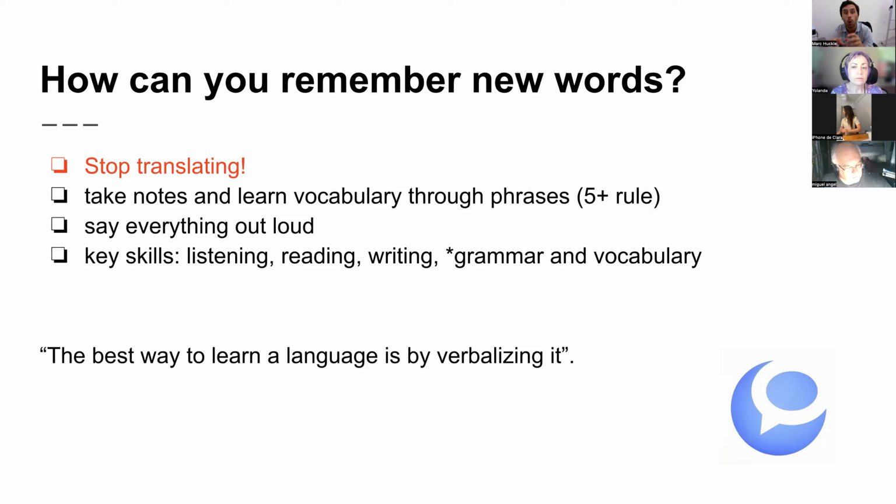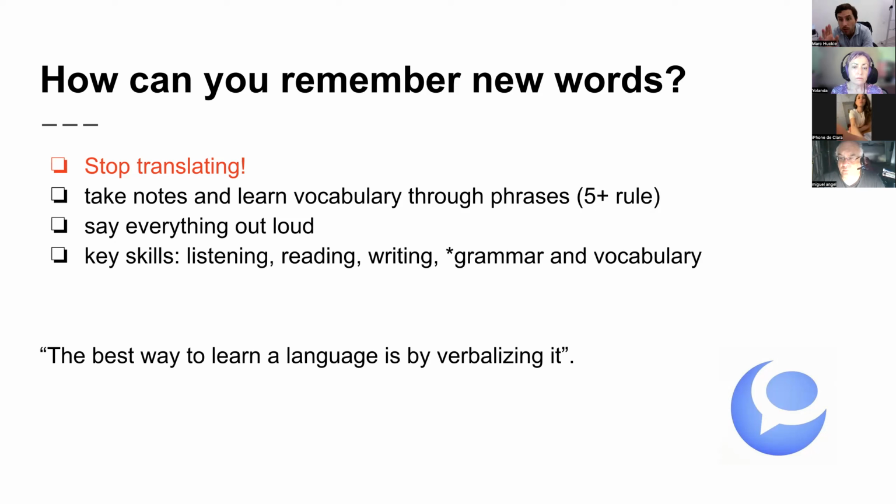You need to dose your contents. 10 words per day, maximum at the moment. You review. Then what you need to do is get new vocabulary from listening, from reading. Then you need to write phrases and say phrases.